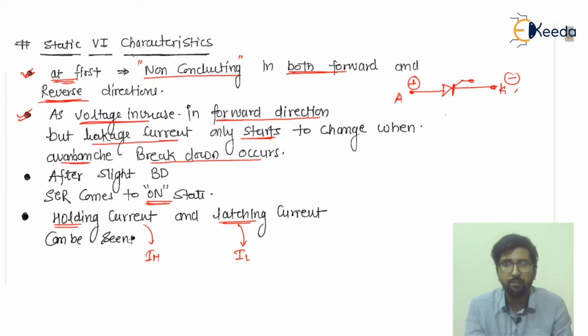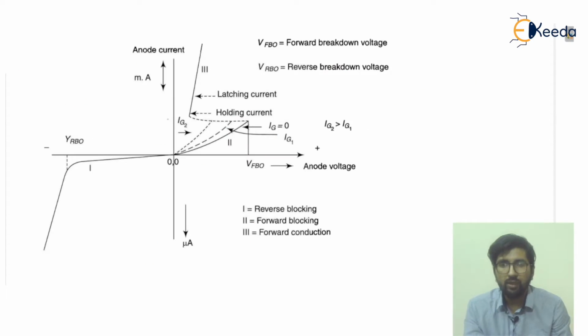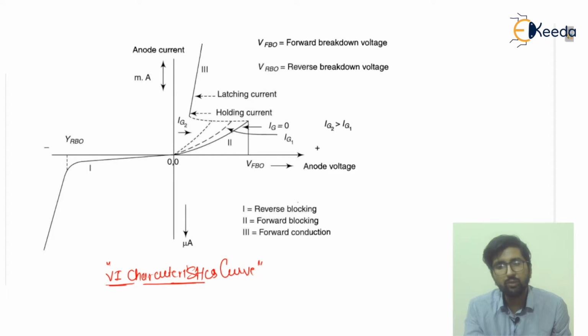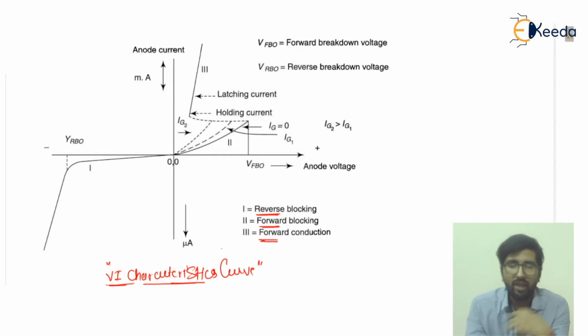Now if I talk about this VI characteristic curve, it has three modes of operation. One is the reverse blocking, second is the forward blocking, and third is the forward conduction. And actually we need the forward conduction for the operations.